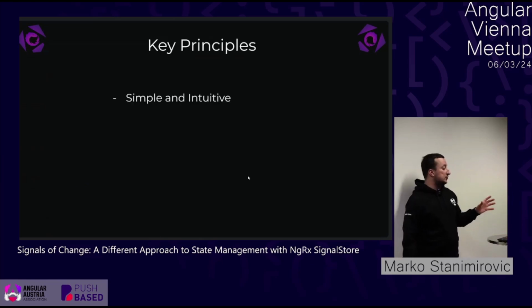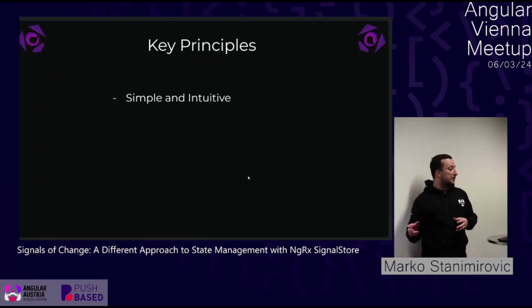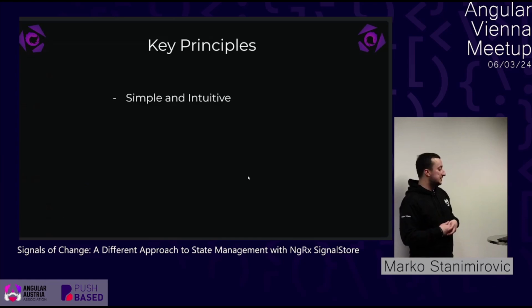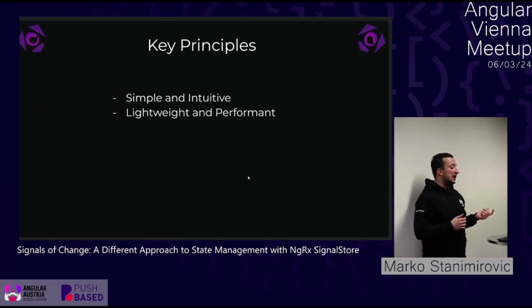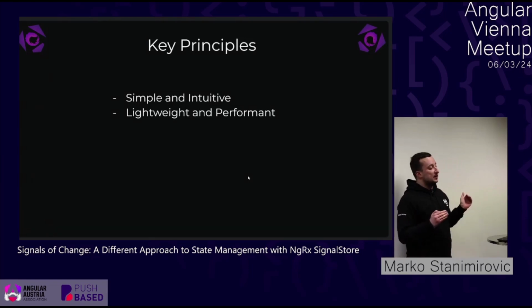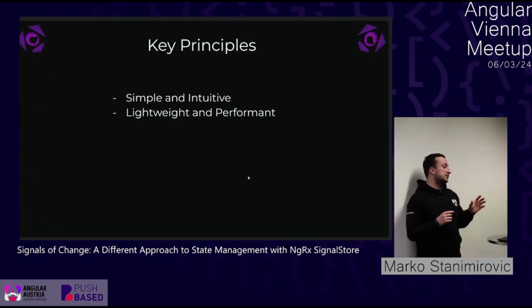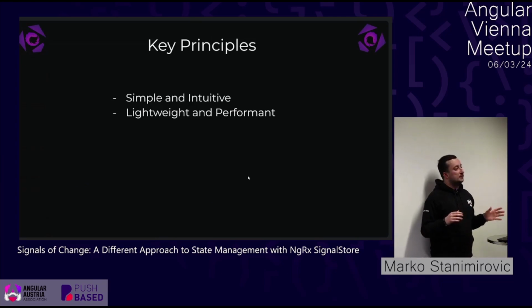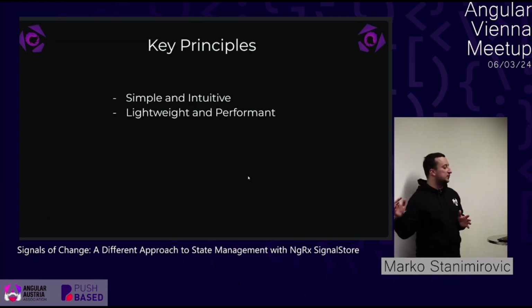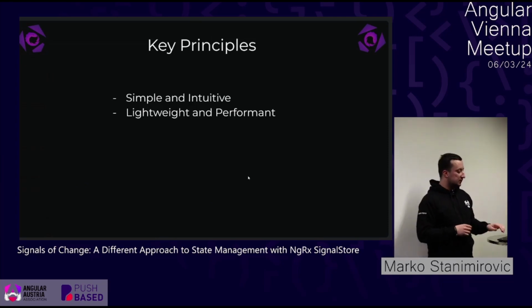So we try to create simple and intuitive APIs with SignalStore. SignalStore is also lightweight and performant. So depending on the used APIs from the NgRx Signals package, the participation of the NgRx Signals package in the final bundle can vary between 0.3 or 0.4 to 2 kilobytes. So it's really lightweight.